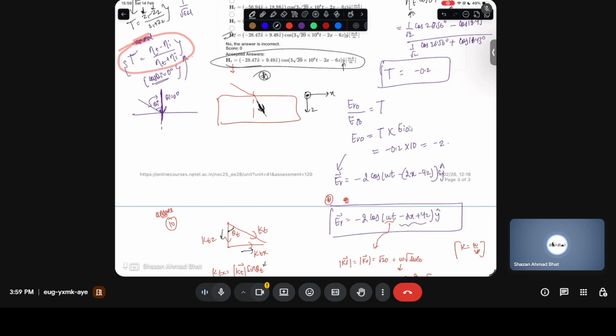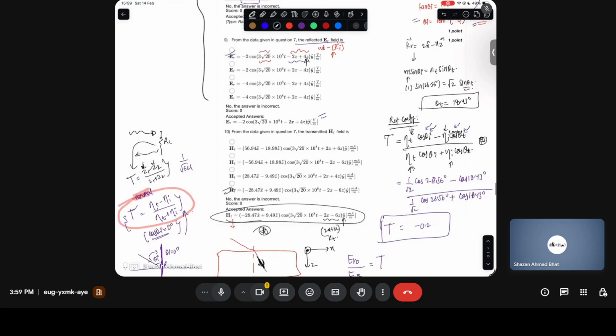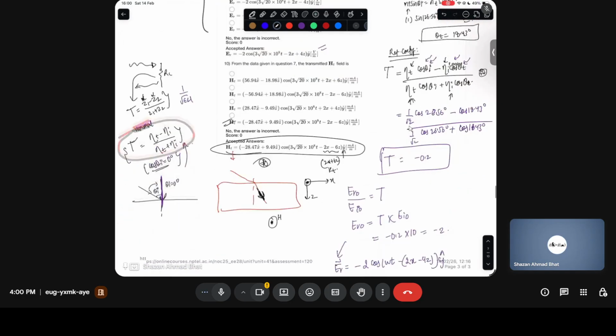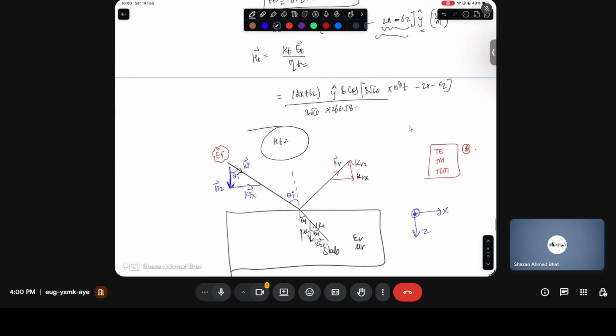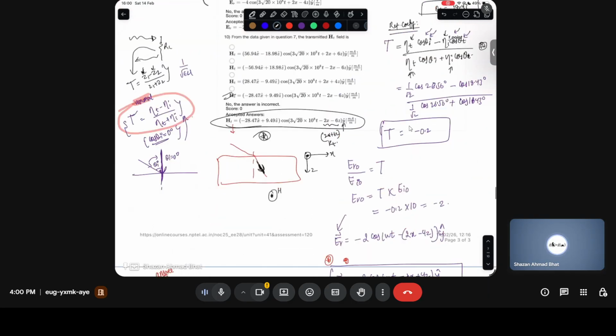That means the magnetic field is oscillating in the y direction, and this is basically giving the sense of the propagation, which is 2x plus 6z. So this is basically the k transmitted. And if you see, where is et? Yeah. So this is the exact magnetic field scenario.